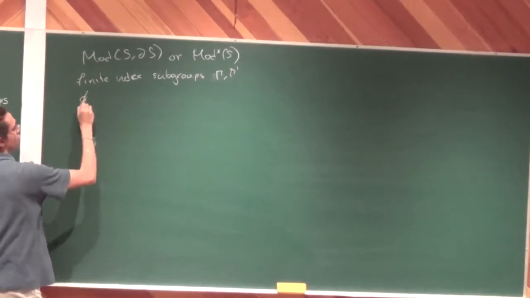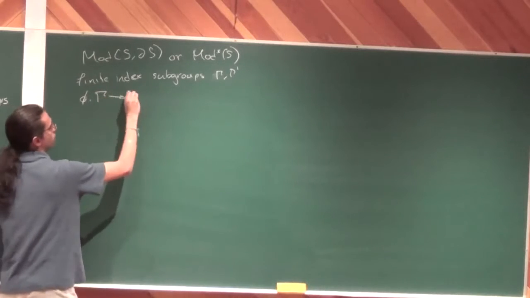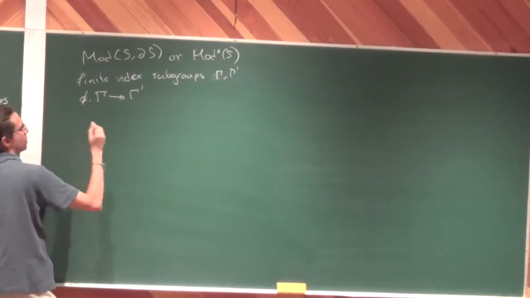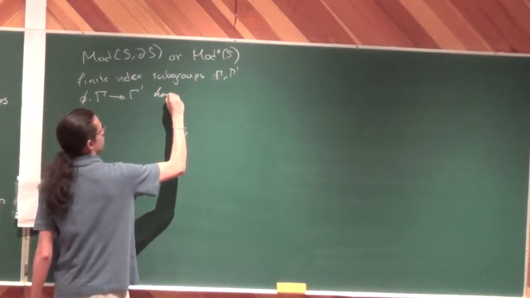And you will have a homomorphism from gamma to gamma prime.